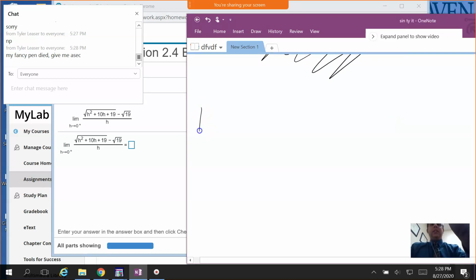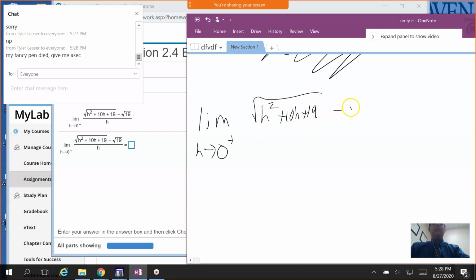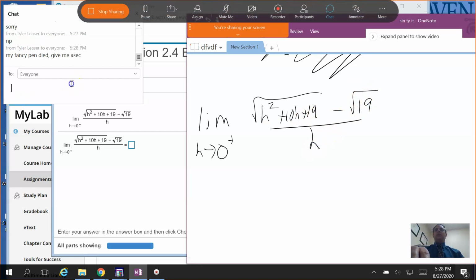Okay, so the limit. As h goes to 0 from the right, that's what that little plus means. Square root h squared plus 10h plus 19 minus square root 19 all divided by h. So whenever we have funny square roots, we could try multiplying by the conjugate.